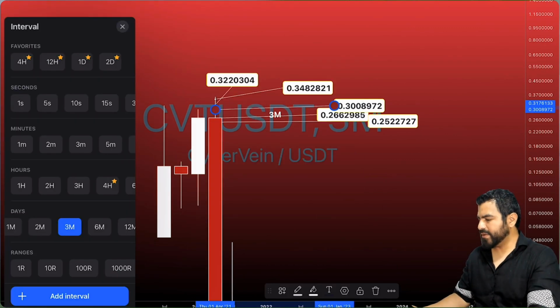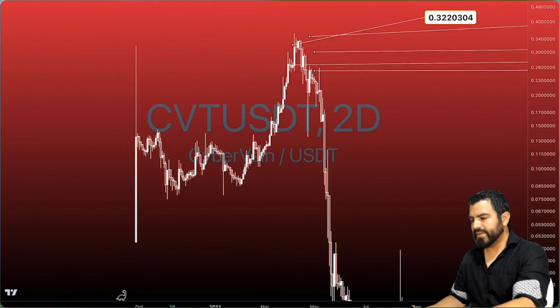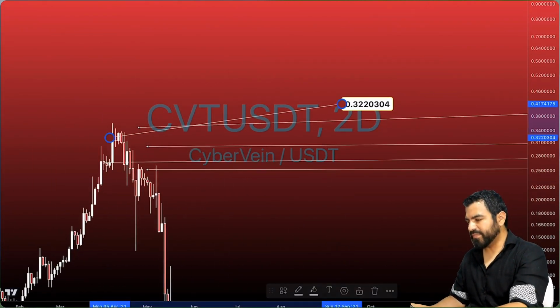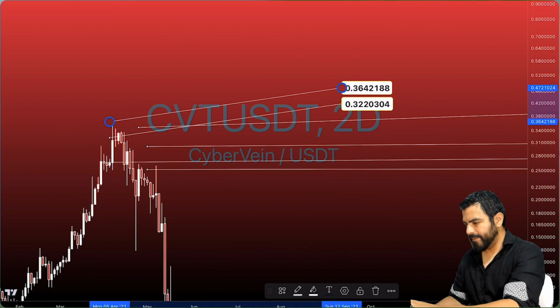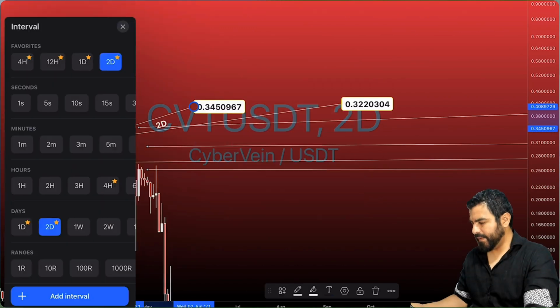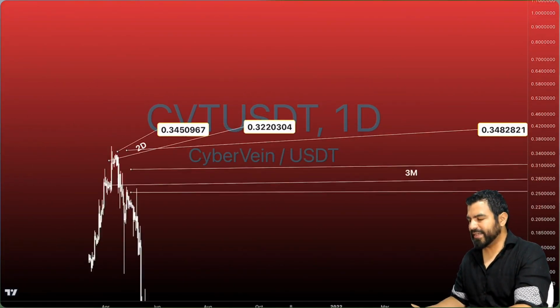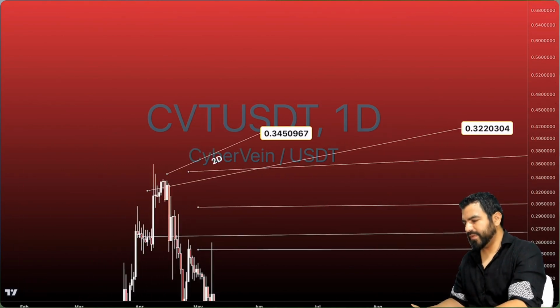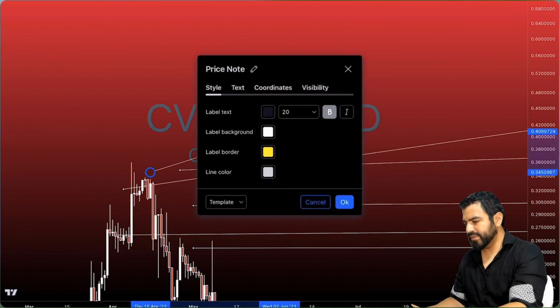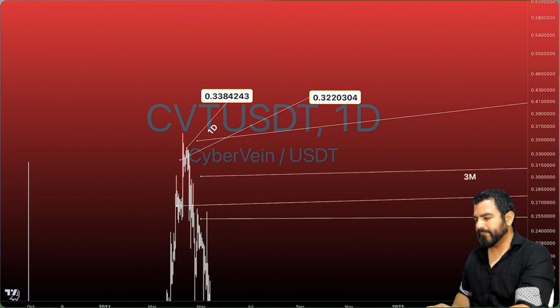Let's go now to a 2 day. It's a way of identifying a majority of the pressure. Here, this one I will label. And finally, 1 day. And then we'll also give an intraday example, like hourly charts, before we close. Okay.